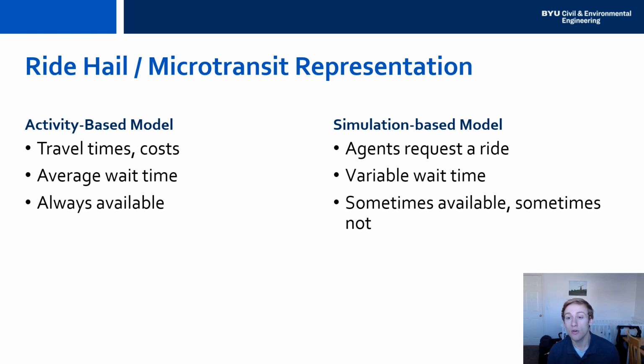The agents actually request to take a ride, just like they do in real life. With Uber, you get on your phone, you make a request. When that request goes through in the code, though, a variable wait time is assigned to those agents depending on how many vehicles are available, how close a certain vehicle is to their location, if that agent is willing to carpool with other users, etc. Also, sometimes depending on these factors, a microtransit option may not even be available.